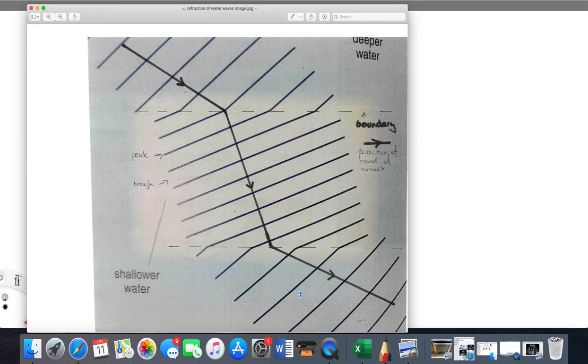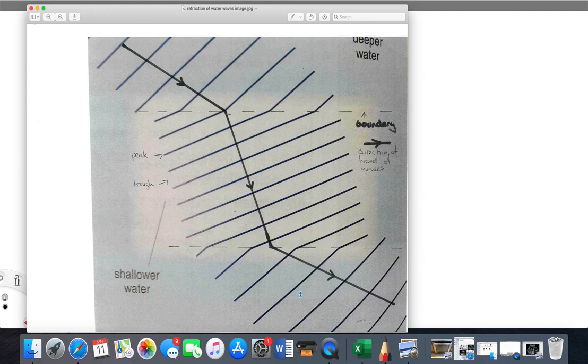So here you have a diagram which you need to recognize going from deep into shallow, or if it was light, going from air into glass, back into air again. You need to be able to complete this diagram, be able to draw in these waves. So practice drawing this. What you need to do is to draw in your normal. You know you're going from deep to shallow, so you know they're going to slow down here, so you know they're going to get closer together.